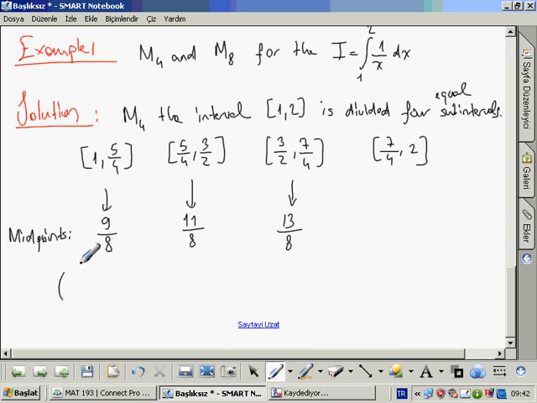It's very easy. 5 over 4 minus 1 is equal to 1 over 4. Half of 1 over 4 is 1 over 8, and when you add it to the left value, it will be 9 over 8.